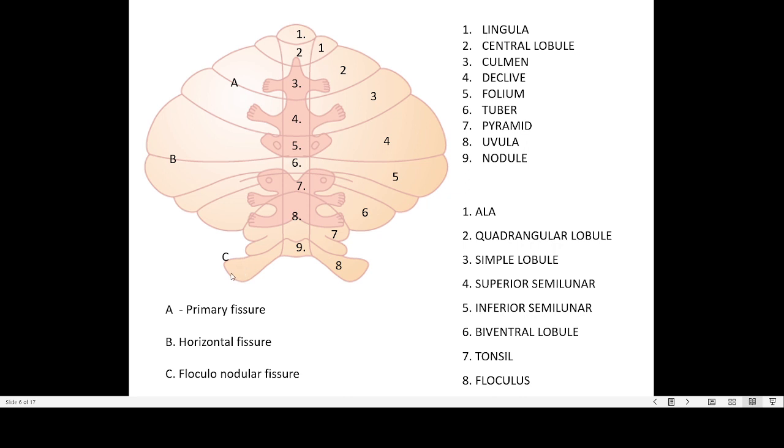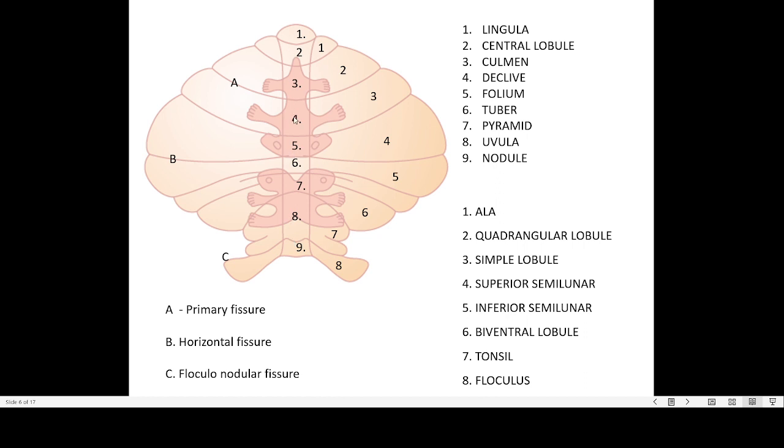So just remember A, B, C: A is the primary fissure, B is the horizontal fissure, and C is the flocculonodular fissure.